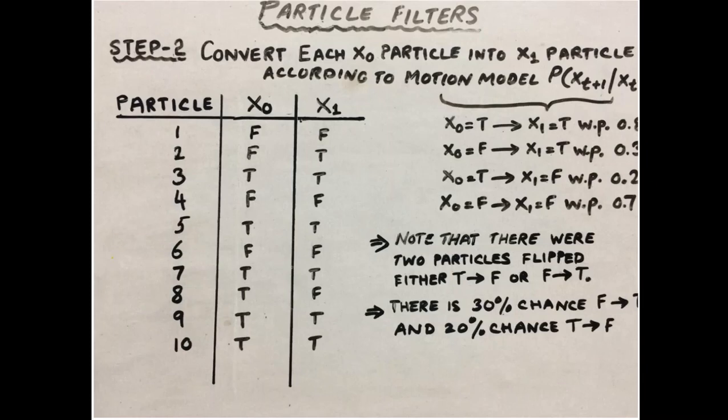So out of 10 you can expect that 2 or 3 particles will change their state. For example, in this case particle 8 and particle 2 have been flipped.